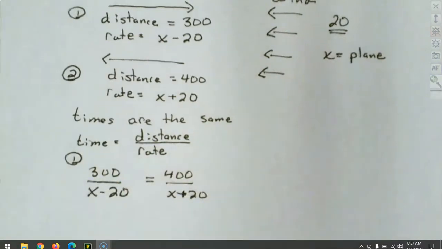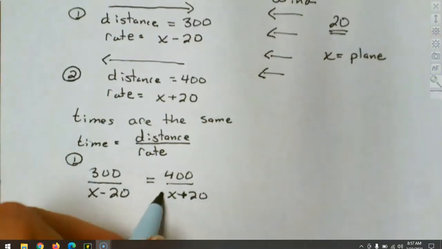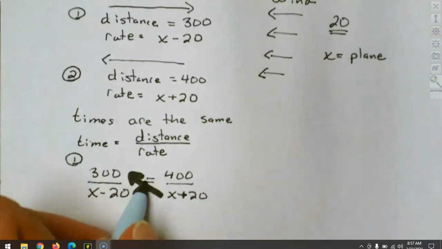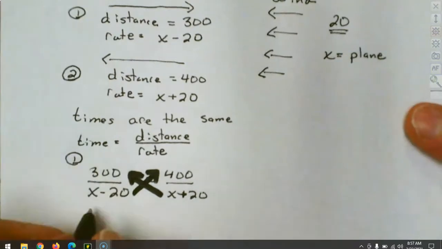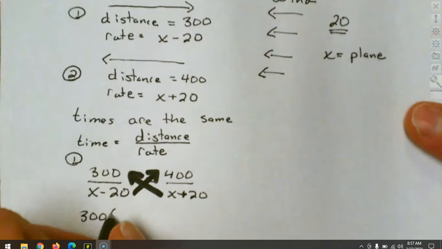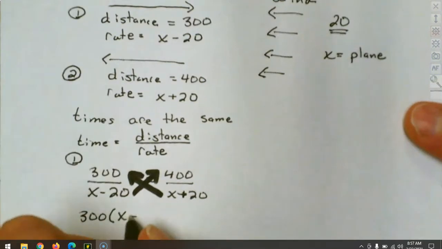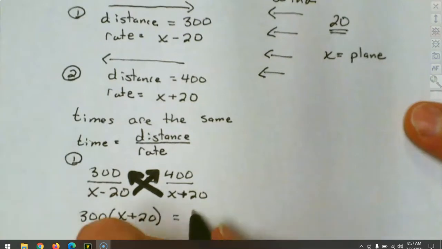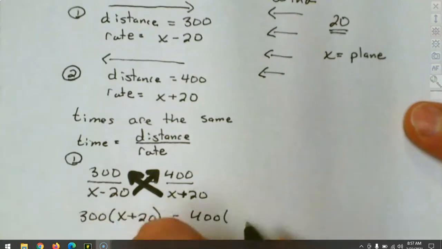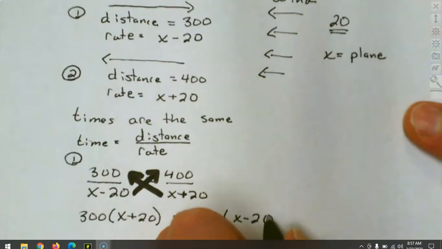How do we clear these fractions again? Well, one technique that we can use is called cross multiplication. When a fraction equals another fraction, we can cross multiply. So we will cross multiply these, and we get 300 times x plus 20 equals 400 times x minus 20.